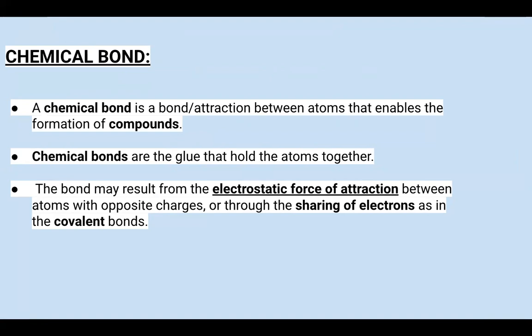And chemical bonds are kind of a glue that holds the two atoms together to form compounds. The chemical bond may be because of electrostatic force of attraction between oppositely charged atoms or through sharing of electrons like in covalent bonds. We are going to learn about that in a little more detail in the oncoming slides.